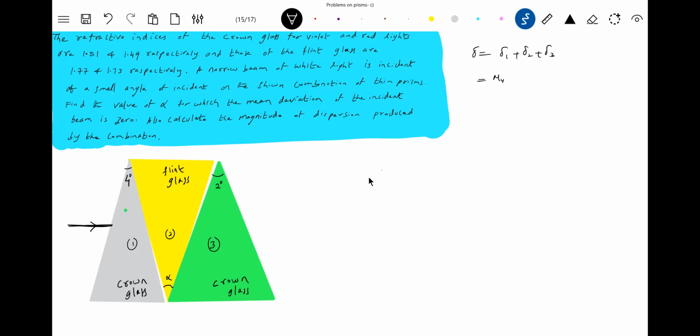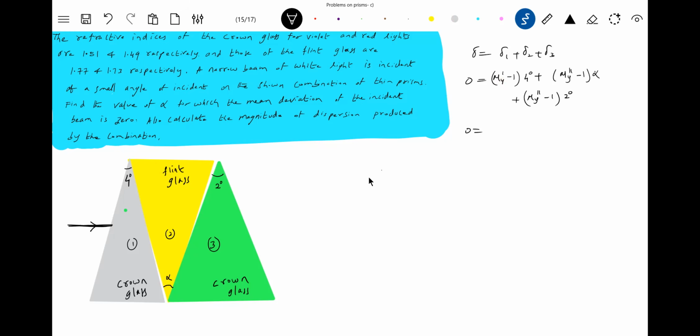Mu I minus 1 into 4 degree, mu I double dash minus 1 into alpha, plus mu I double dash minus 1 into 2 degrees. This should be equal to 0.